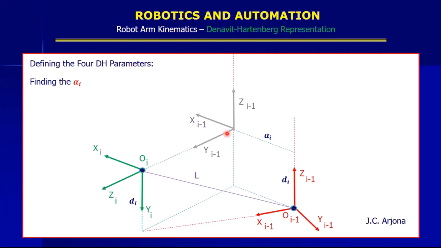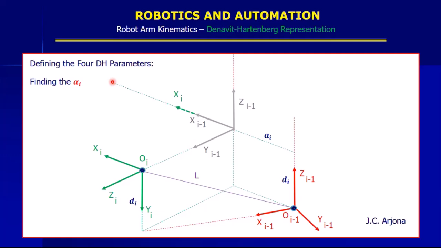Our objective is to rotate the xi minus 1. So we project a line along xi minus 1. So that is our xi.